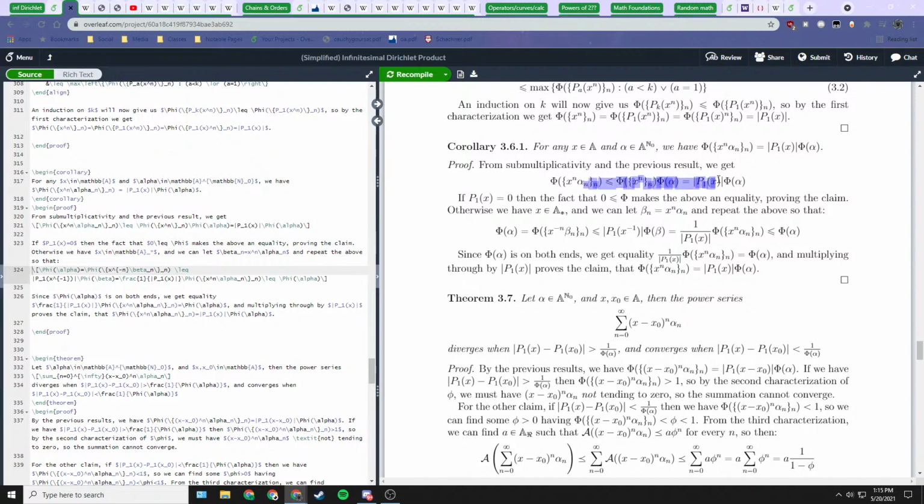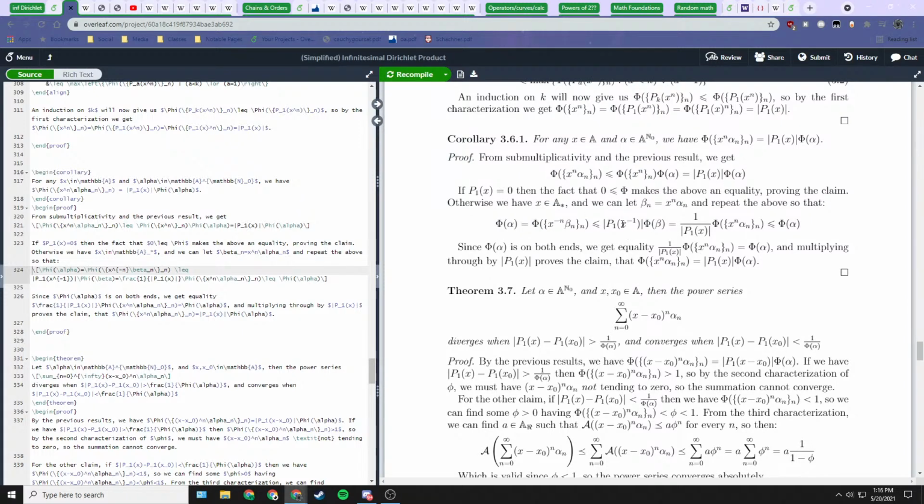But using this sub-multiplicativity property and the fact that the phi value of x power n is just this absolute value term, this is less than or equal to p1 of x inverse times the phi of beta. Because p1 is multiplicative, the p1 of x inverse is just the reciprocal of p1 of x.